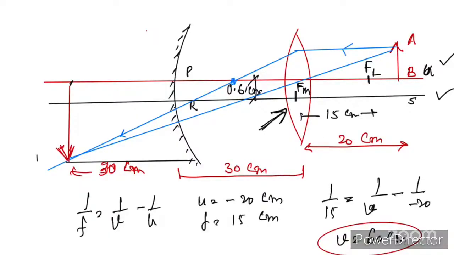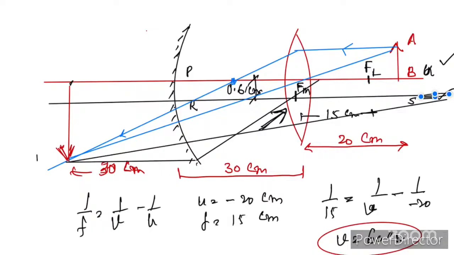Then of course this will go through the focus, and another ray we can take from the curvature. So 30 centimeter is the focal length of the mirror. The curvature will be somewhere like this here, and let us see if we take from the curvature.